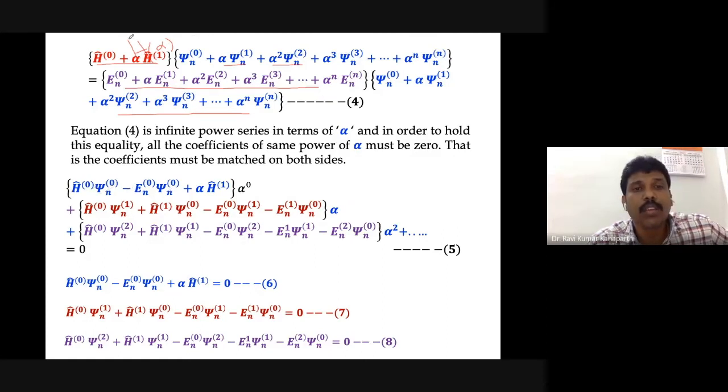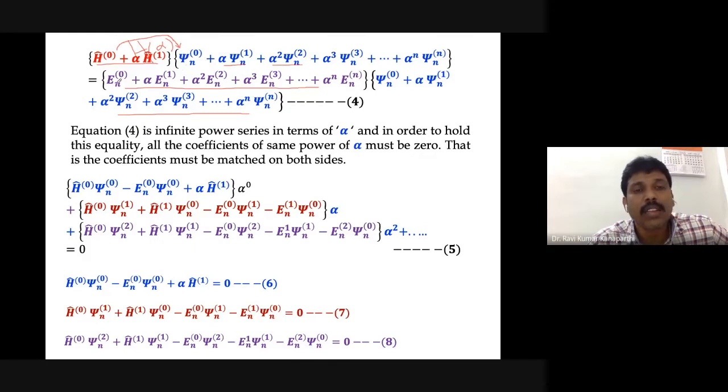That is what is done precisely here: H0 psi 0 minus En0 psi 0. Where alpha is not there, two terms will come. When H0 is multiplied with psi 0 on the left hand side, that will come. But when it multiplies the power series, it doesn't come, because that already has alpha.